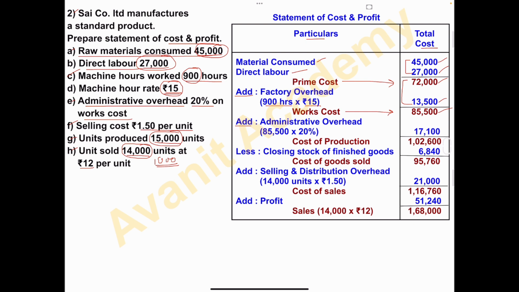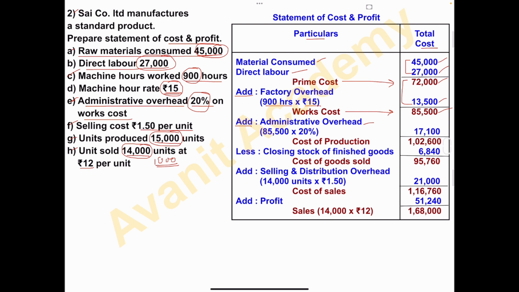Right here, add administrative overhead. See point E. Administrative overhead is 20% on works cost. So administrative overhead, how much we have to charge? 20% on works cost. Just now we have got works cost, correct?